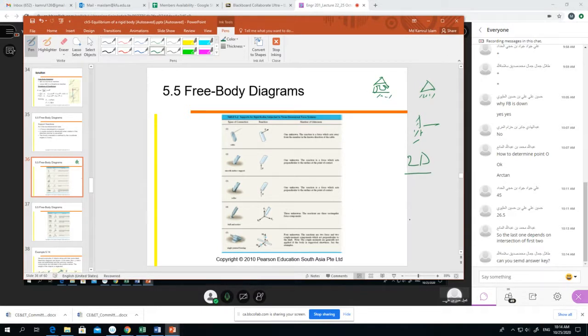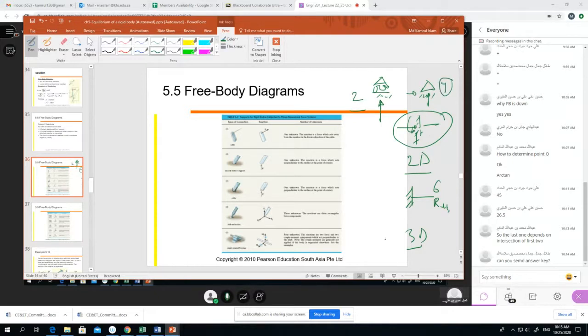In 2D dimension, for the roller there will be one reaction, for the hinge two reactions, and for fixed three reactions. But for 3D, suppose this one, there will be six reactions for fixed, and for the others two and four reactions.